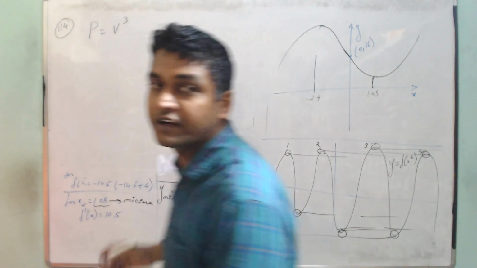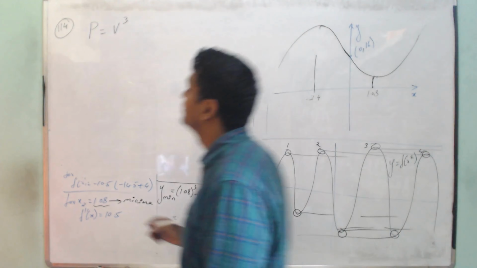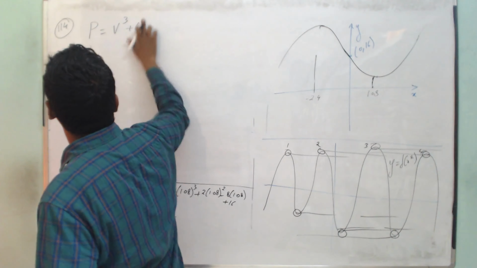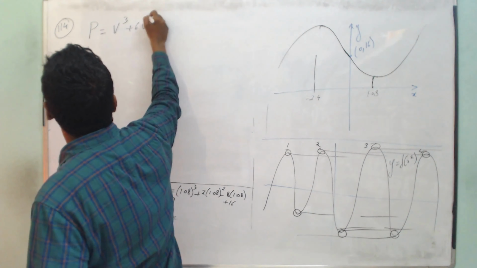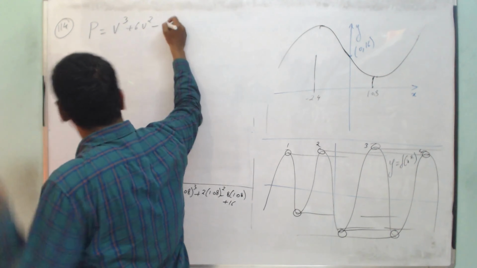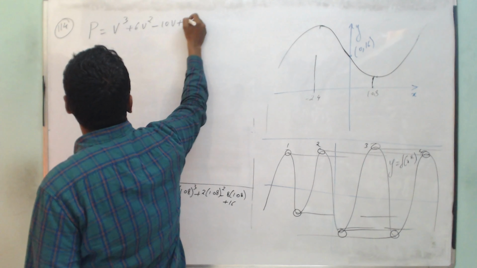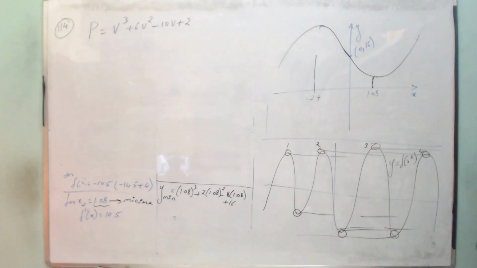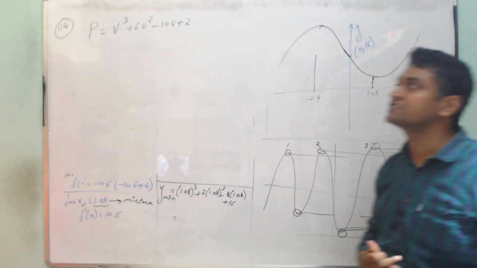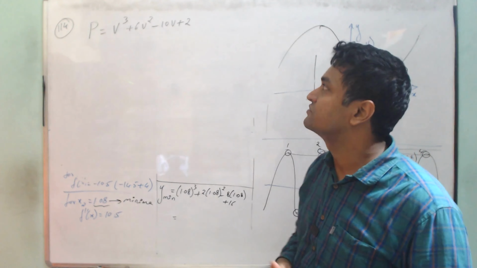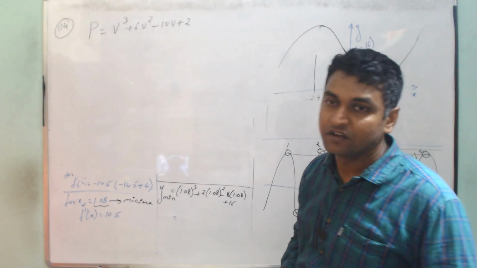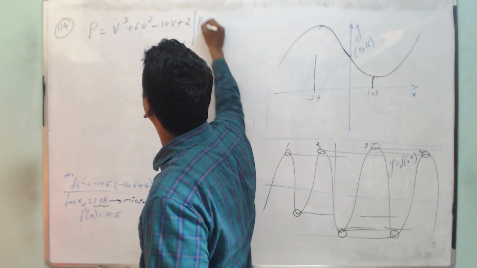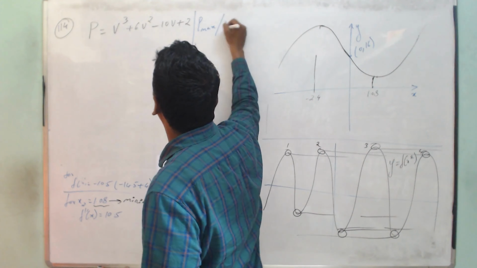The pressure of a gas is a function of volume and the function is given as P is equal to V cube plus 6V square minus 10V plus 2. Find the maximum pressure and minimum pressure.